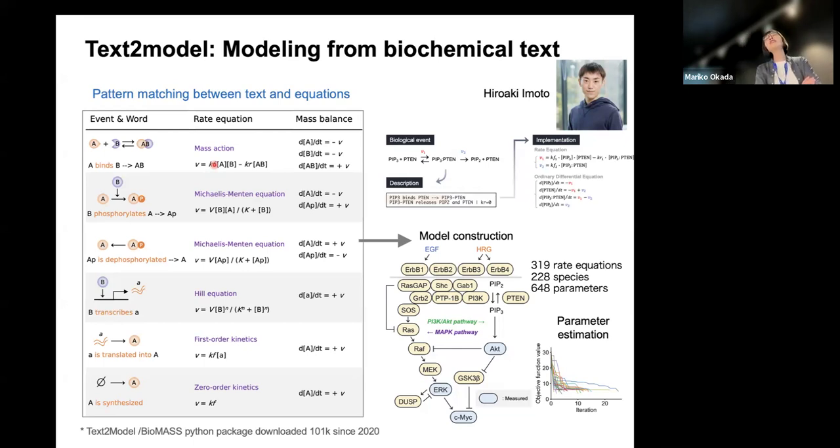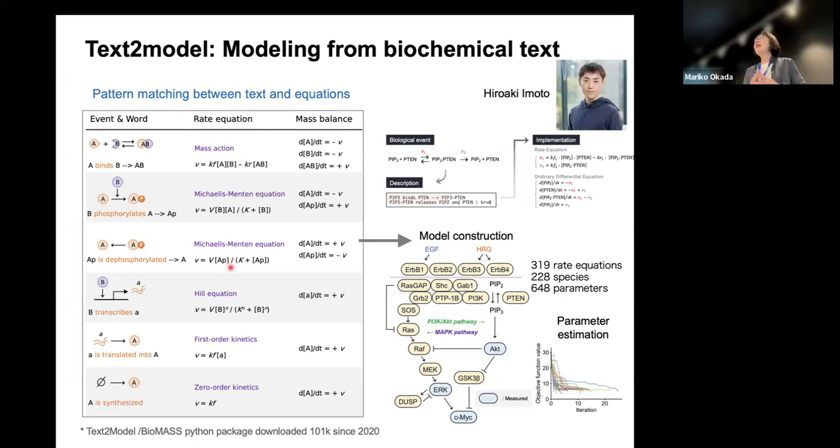But I think this is nicer now, because now we use a lot of NLP, but this pattern matching is very simple. We can register biochemical words like binds, phosphorylation, or transcription, and then we can generate mass action or rate equations and reactions. It looks simple, but you can add more events to this text model.